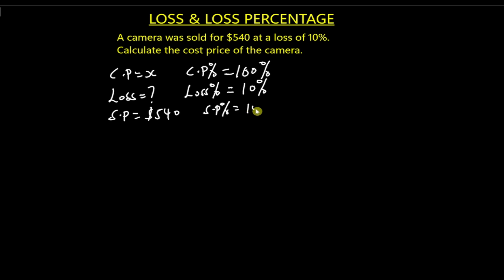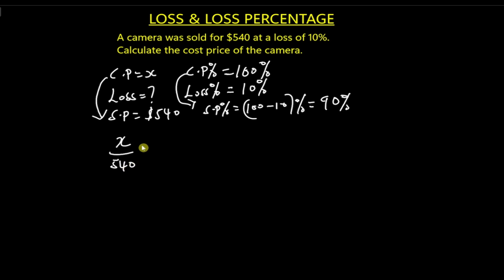So you have 100 minus 10, and 100 minus 10 is 90. So you have 90%. Now let's make the ratio. You make a ratio of the cost price to the selling price, and then the cost price percent to the selling price percent. The cost price is x. So we have x over 540 equal to 100 over 90.